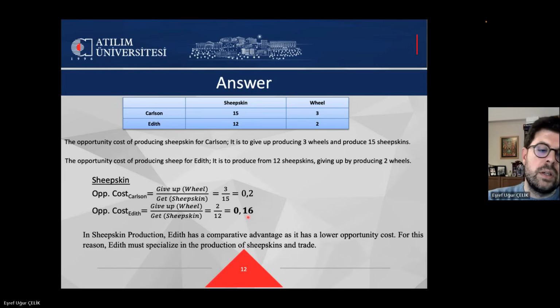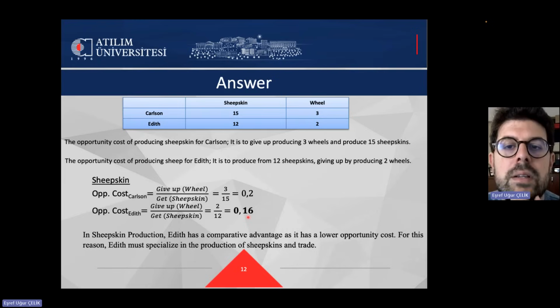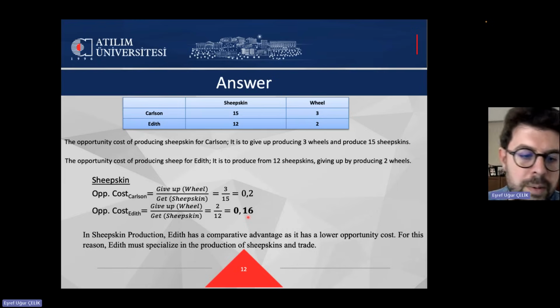So that lower opportunity cost gives the comparative advantage to Edith. Sorry about it, I am a little bit sick. Edith has lower opportunity cost on sheepskin. So Edith also gets the specialization and trade on the production of sheepskin, okay?